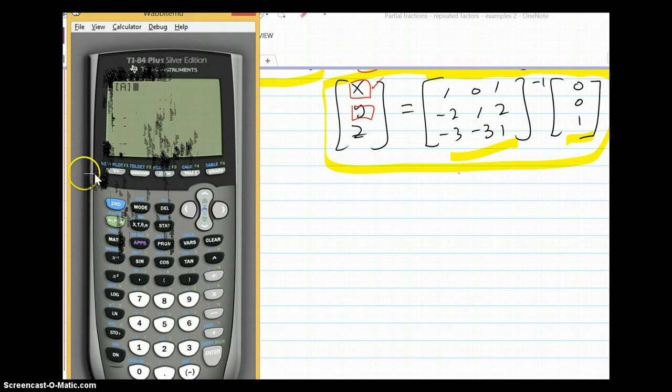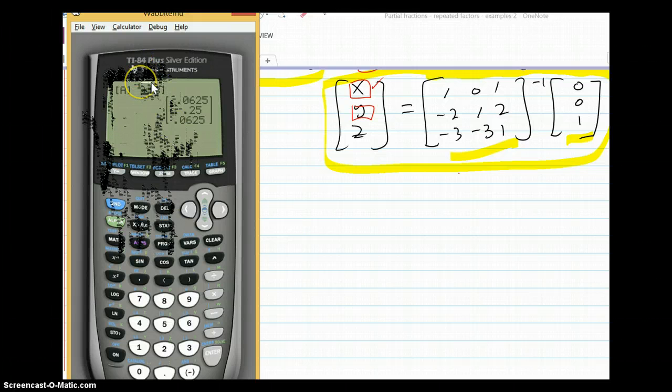So there's this x to the minus 1 key, so you hit that, and then you just want to times by the column matrix that was the right hand side of the original system, 0, 0, 1. We already have that in second matrix, which is number 2, B.